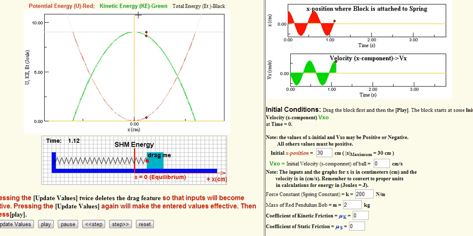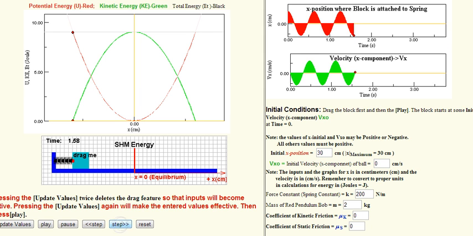And the kinetic energy is in green, and the total energy is in black. So let's take this step by step, and let's first look at this point right here. Look at that stop. So the kinetic energy is 0 because the spring is compressed as much as it can go, and so the mass is stopped. The potential energy is maximum, and it's equal to the total energy.